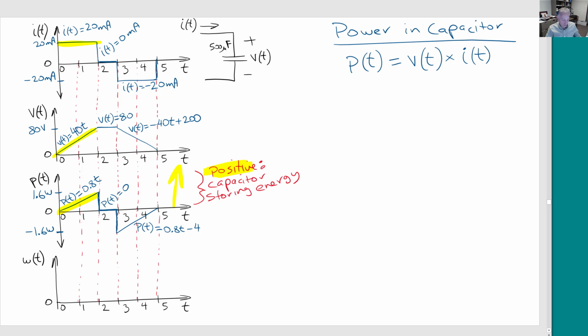Now, let's look at the converse. Negative power, I beg your pardon. Negative power, so that's going down, negative power in a capacitor means that it's delivering energy. So it's supplying energy to the circuit, okay? Now, when we looked at voltage sources, they could be supplying or absorbing, but let's say the typical, like a battery that's charging up, or it's providing energy into a circuit, it's negative power, okay?